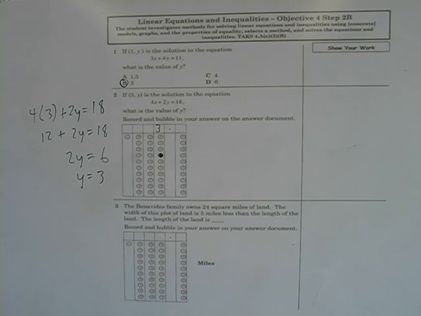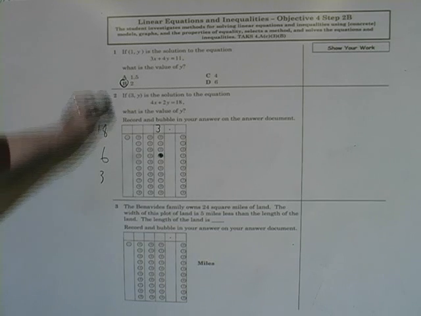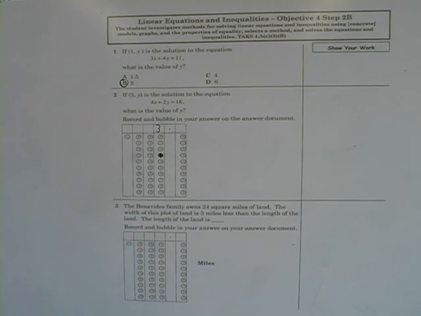Number 3. Okay, here's something a little bit different. It says the Benavidez family owns 24 square miles of land. Okay, so we're talking about area here. The width is 5 miles less than the length.